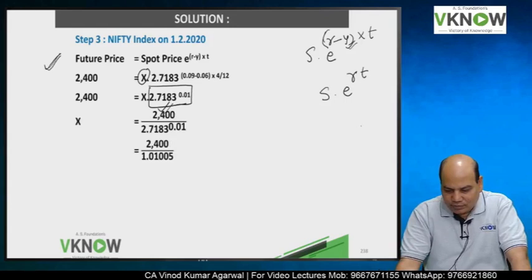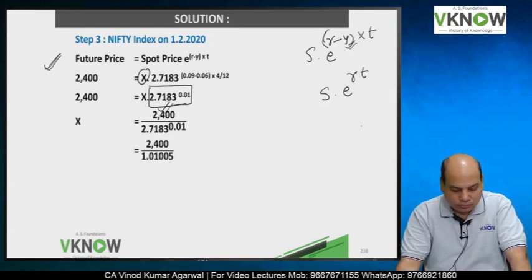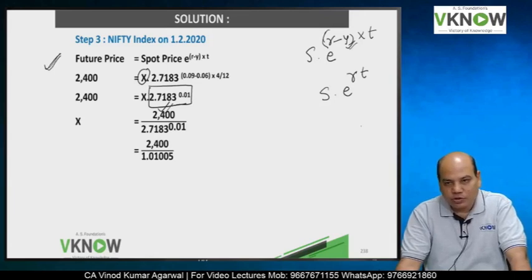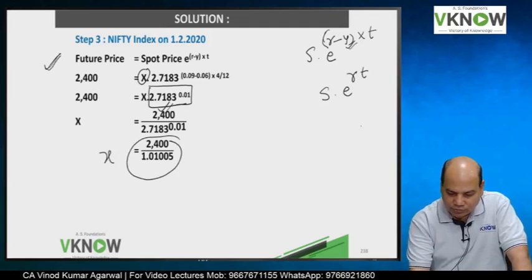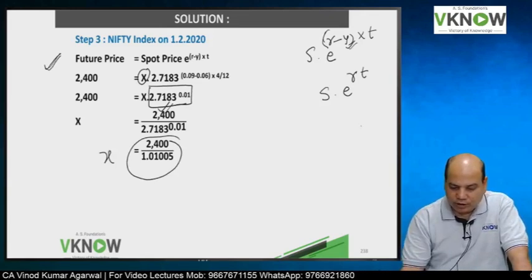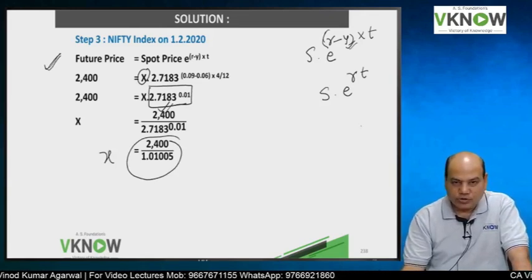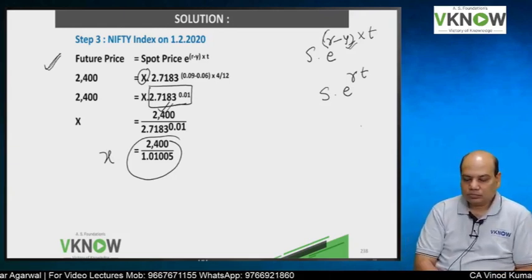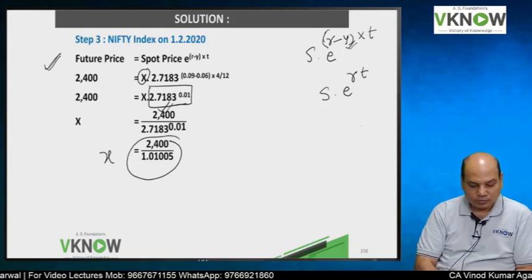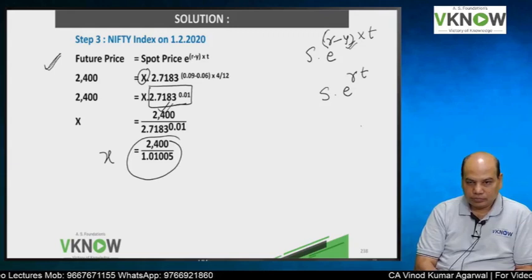So you will get 1.01005. So the value of the X will be, write down X equal to 2400 divided by 1.01005. I am waiting for your answer now. Is it correct?